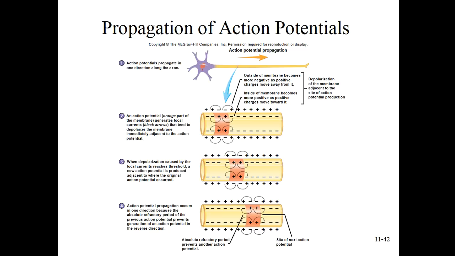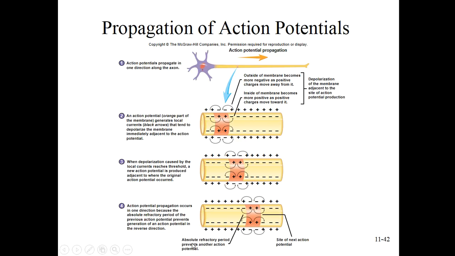Before we move on, I want to point out one other key. This wave always and only travels in this direction. On a multipolar neuron, anyway, it comes from the dendrite to the cell body, down the axon, and then to the end. Once you start the signal at the trigger zone, it will always fire in this direction, and the signal can't bounce back in the opposite direction.